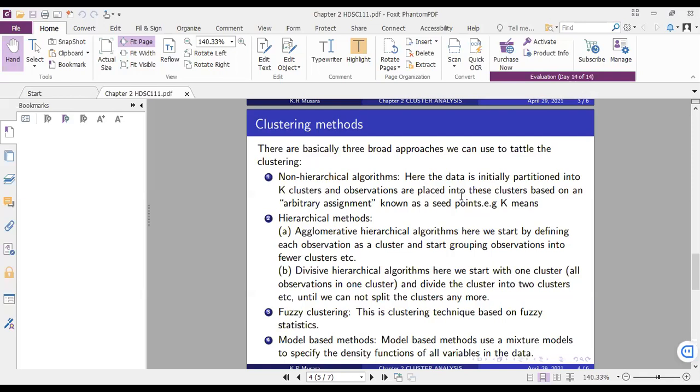Do you want it as a group assignment or as an individual assignment? Let me confirm that way. Because now I've assigned you to get the data that you're going to use for the assignment, so you have to look for data that deals with clustering online.